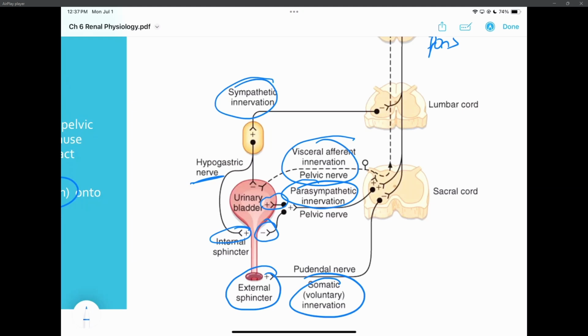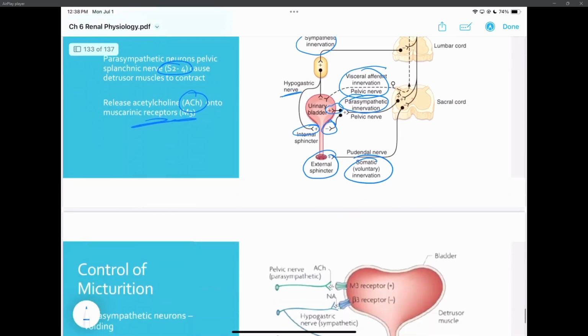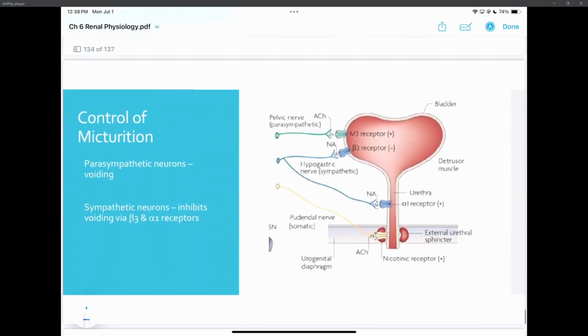So sometimes people get back pain, they fall off a ladder, they hurt themselves. Always ask them, do you have any bladder or bowel incontinence? If they say no, then you know this pudendal nerve is still intact and they can still control their functions. It's when that nerve gets damaged, then they can't control it anymore, because you can't control that external sphincter, and everything just goes. So that's kind of the innervation.